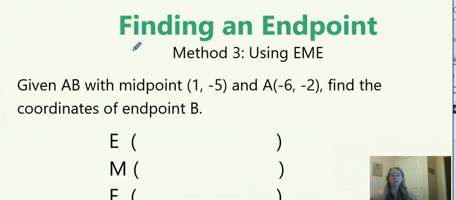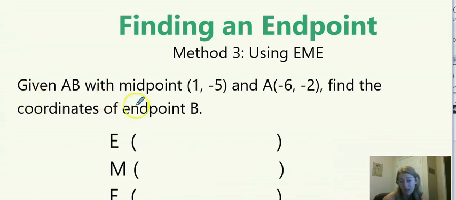So the other type of question we could be asked is to find an endpoint. If we're asked to find an endpoint, we're going to use a new method called EME, which stands for endpoint, midpoint, endpoint. This type of question is most likely worded as the following.